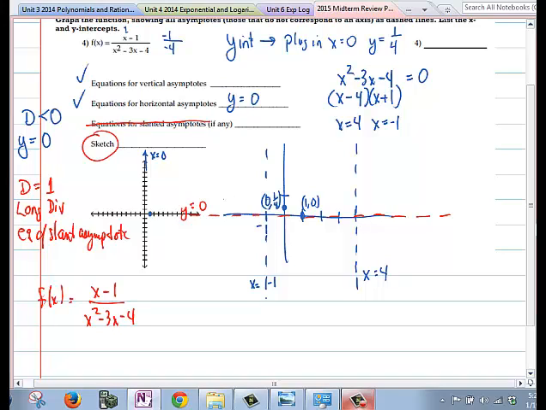I'm going to plot a test point over here at, let's say, -2. So f of -2: I get -3 over, when I plug -2 into the bottom, 4, because -2 squared is 4, plus 6 minus 4. Well, -3 over 6, which is -1/2.